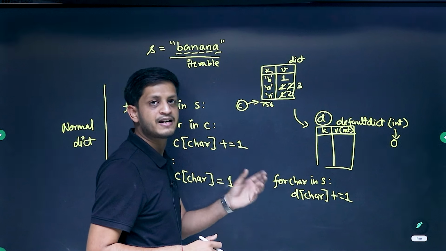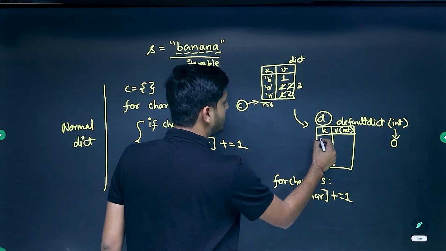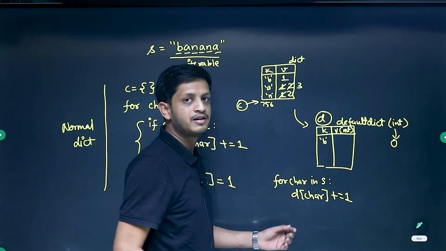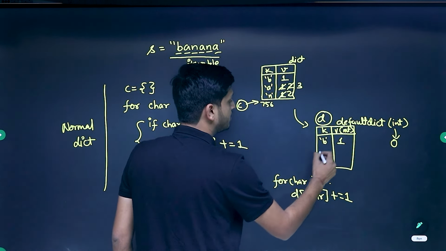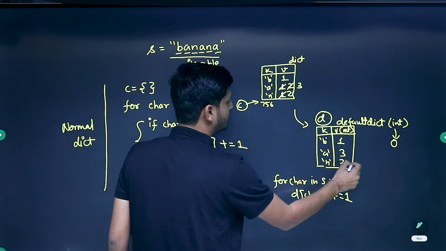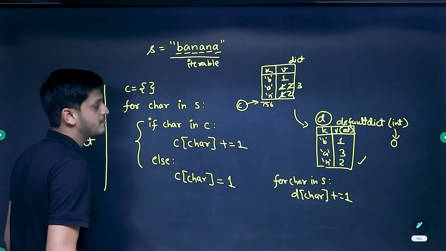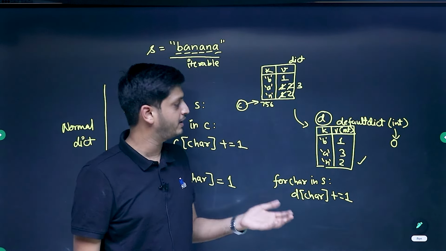You will not get any error while indexing. So if the default value is 0, automatically when the character B comes, its value is by default 0, so it will be incremented by 1, so it will become 1. And similarly, at the end of the day, all the characters will have their correct values. We don't have to write if else. So every key will have a default value in default dict. That's how default dict works.